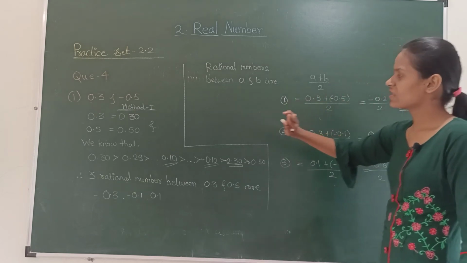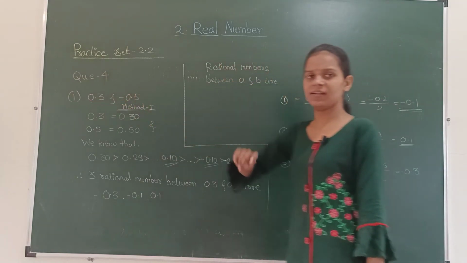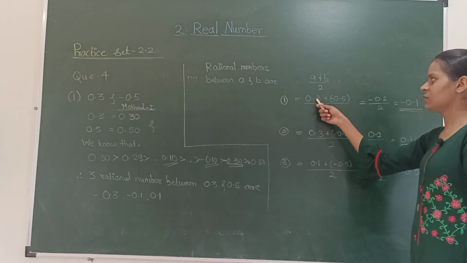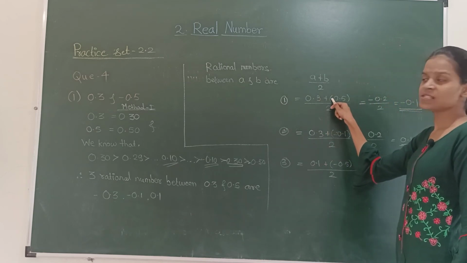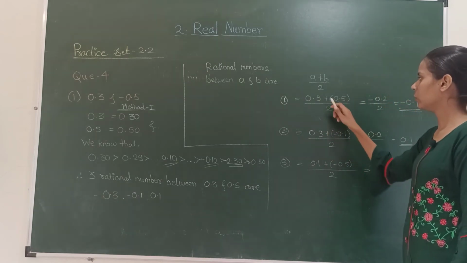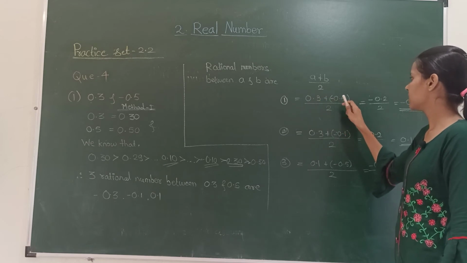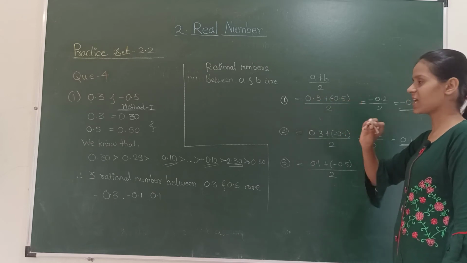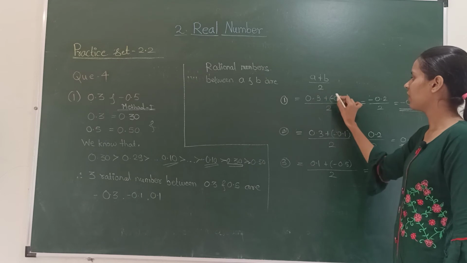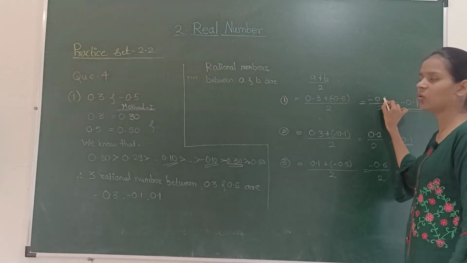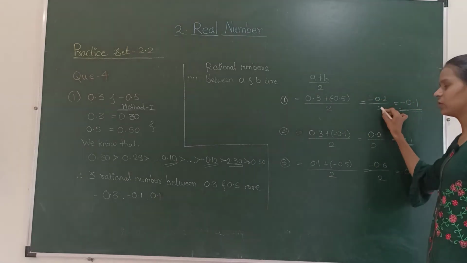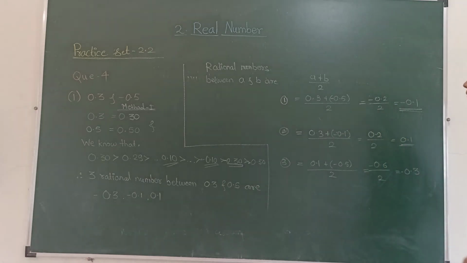So, what are the rational numbers? Minus 0.3 and minus 0.5. So, a is minus 0.3 plus b is minus 0.5, upon 2. See, minus plus minus gets minus, and the sign of the bigger number. So, 0.5 plus 0.3 is 0.8 with the sign of the bigger number, and here is upon 2.